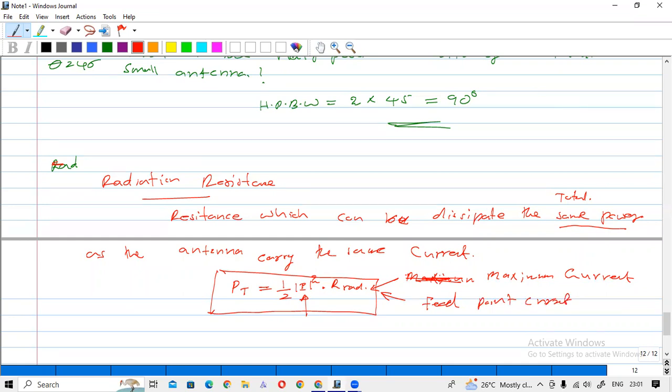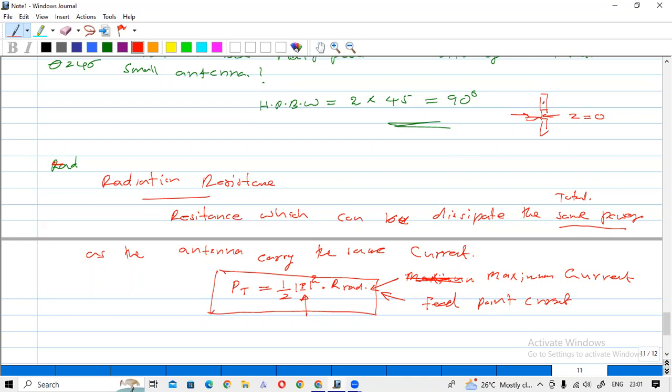For example, if you have a dipole like this, and this is the feed point, placed along the Z axis at Z equal to 0, you have a current. If you calculate the radiation resistance from that current, that is the radiation resistance related to the feed point current.